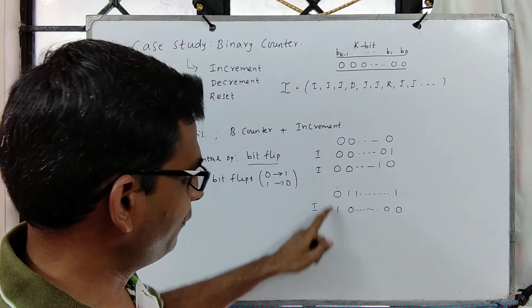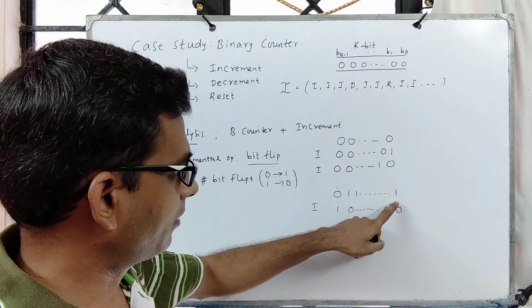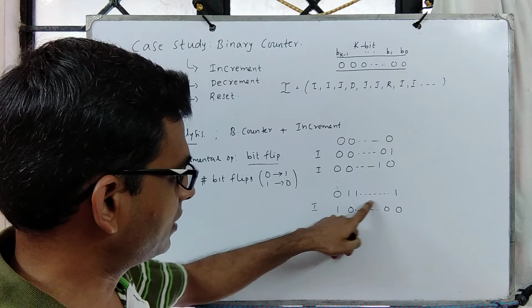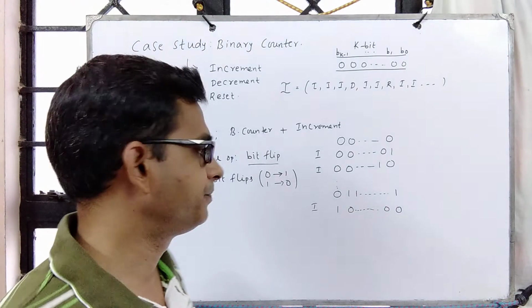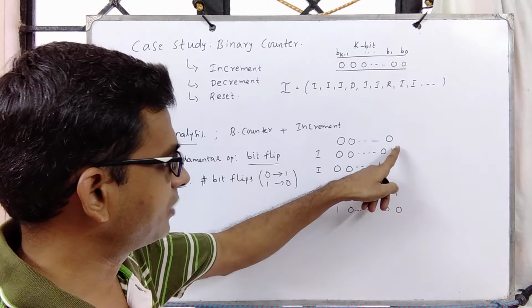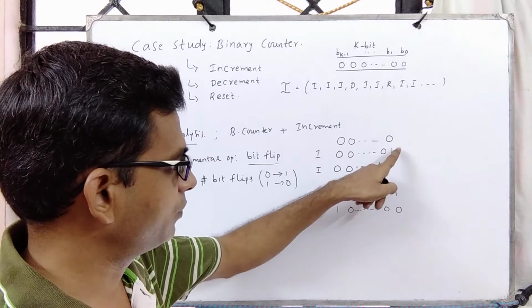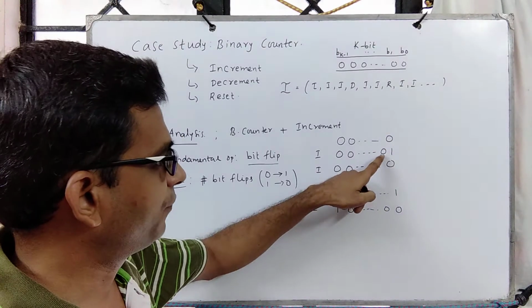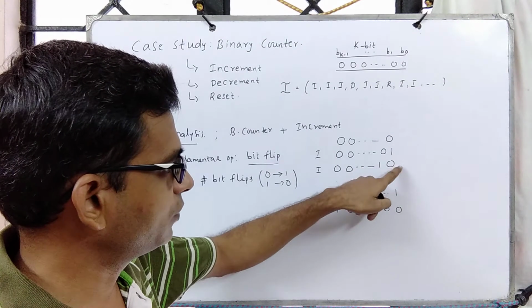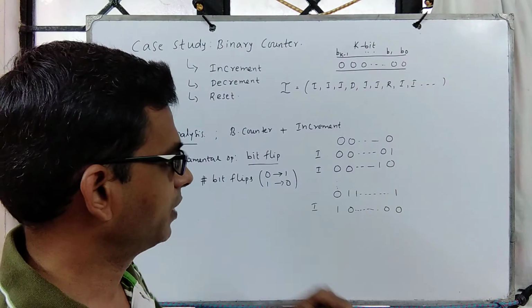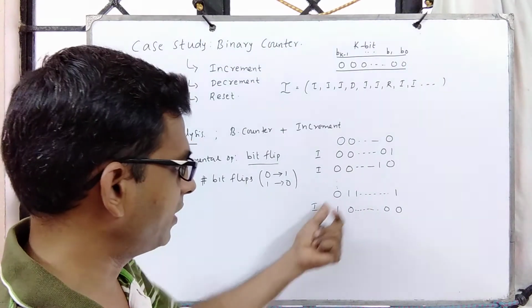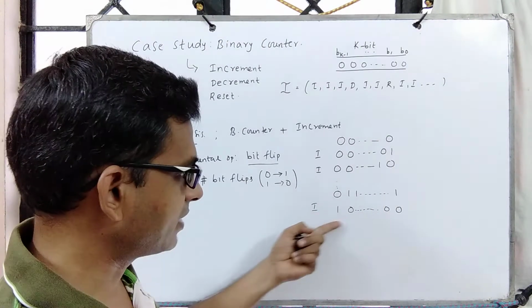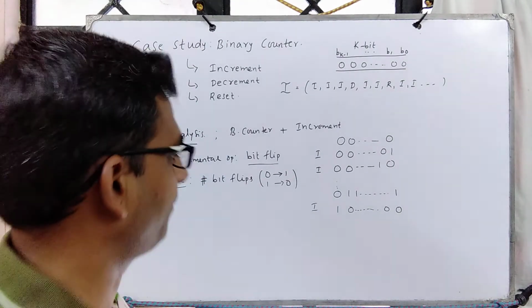Now for this, if you count the number of bit flips, it is almost the size of the counter, which is order of k. But for some of them it is constant. Flipping from this to this one is just 1, and from 1 to 0 is 1, 0 to 1 is 2. But there are configurations where if I perform increment on that, then the cost is order of k.